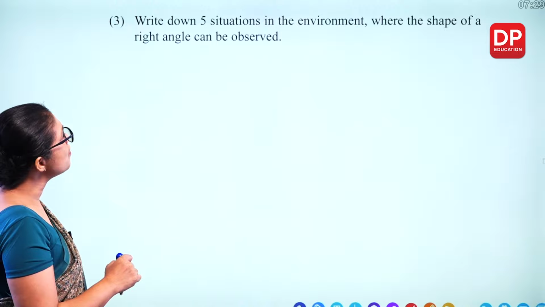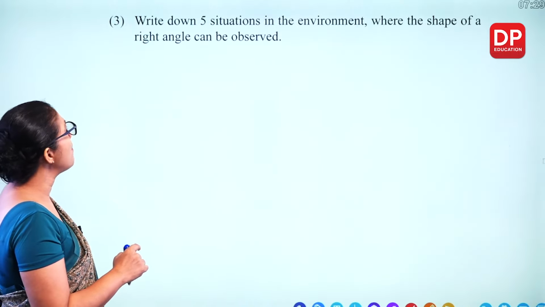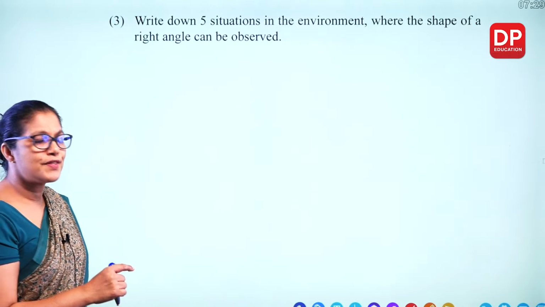Write down 5 situations in the environment where the shape of a right angle can be observed.